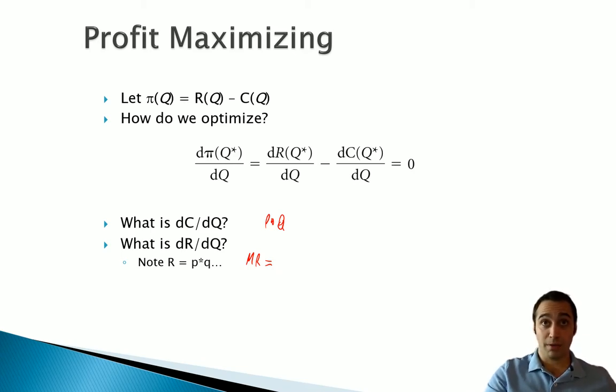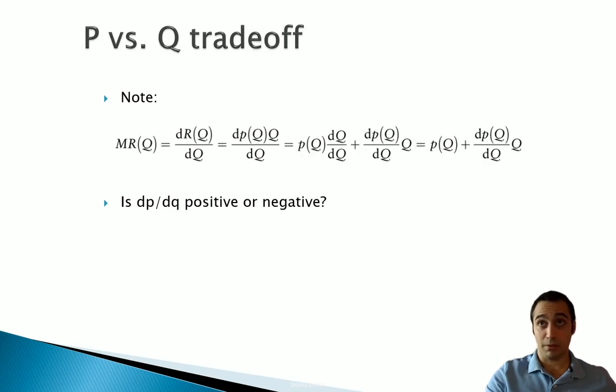Namely, we have dP dQ times Q plus dQ dQ times P. You'll note that this is just 1. Therefore, we're going to have Q dP dQ plus P of Q as your derivative.